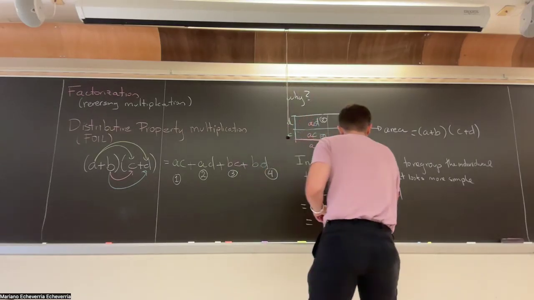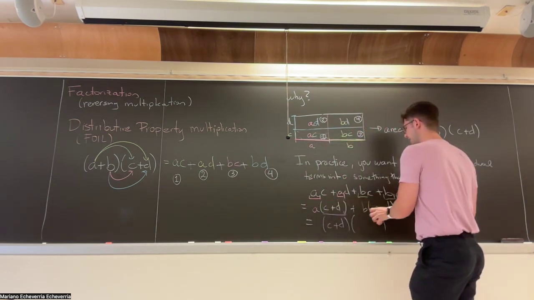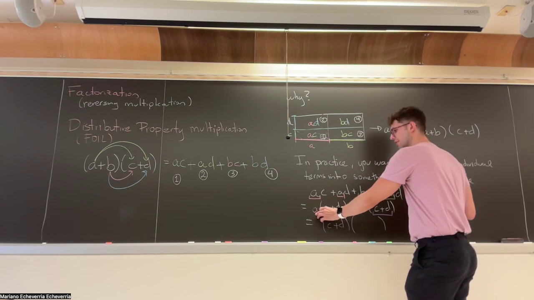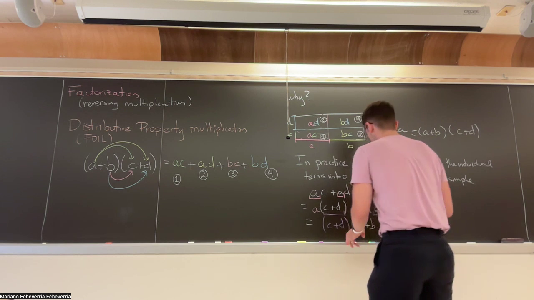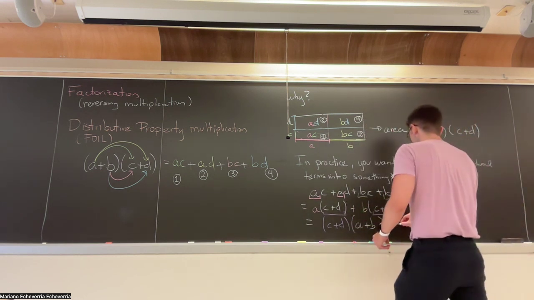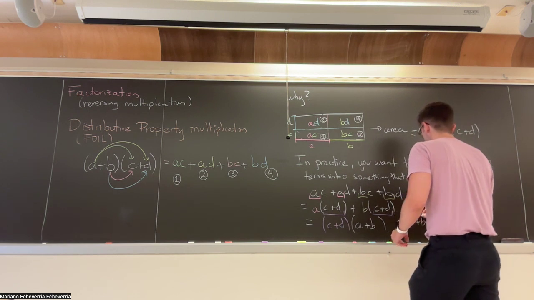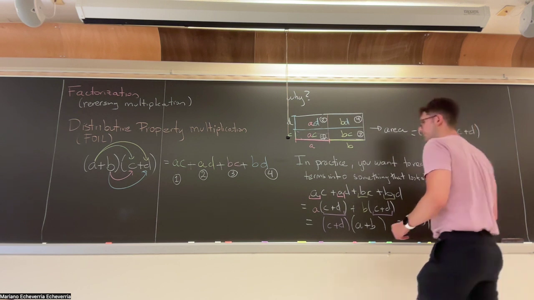But then what is left after you take this out? You end up getting A plus B. But it doesn't matter in which order you write a multiplication. You can rewrite it if you prefer as A plus B times C plus D, which is essentially what we had started with.